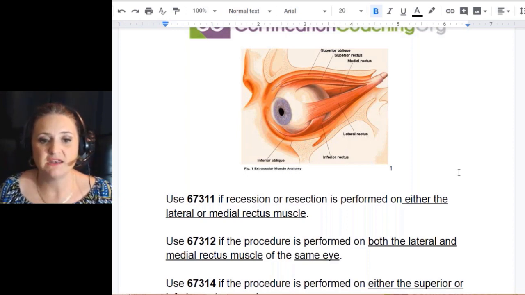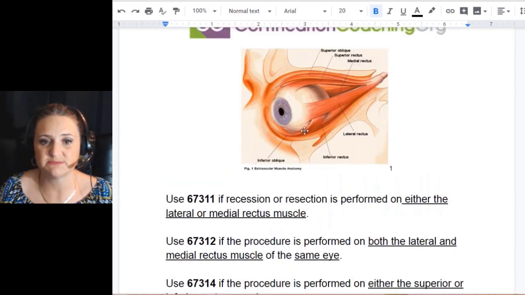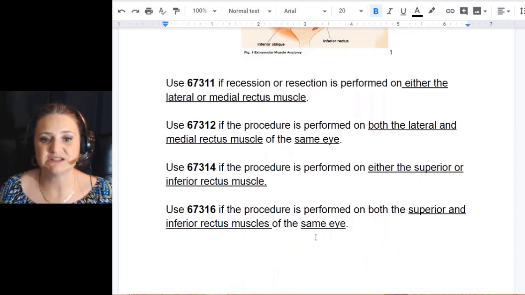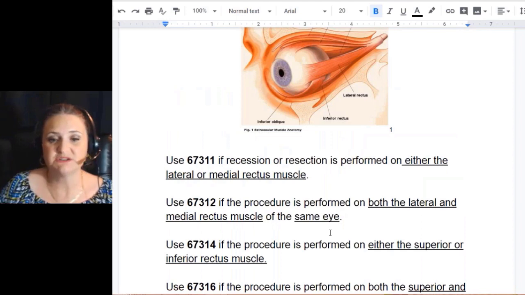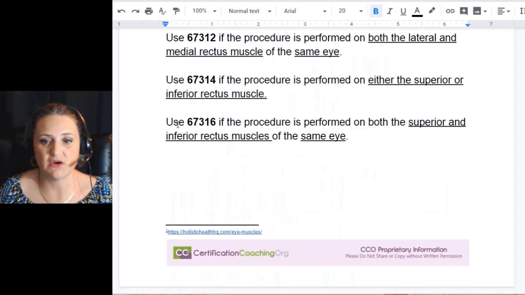And then 67314, we're going to do either the superior or inferior rectus muscle. Here's that inferior rectus muscle that wraps around, and the superior is right here, along with the superior oblique and superior rectus muscle. Then it goes on to 67316, where you do the same thing, but of the same eye. I thought it was neat to see the codes and relate them to the muscle. It makes it easier to code these when you understand what's going on and can see it.